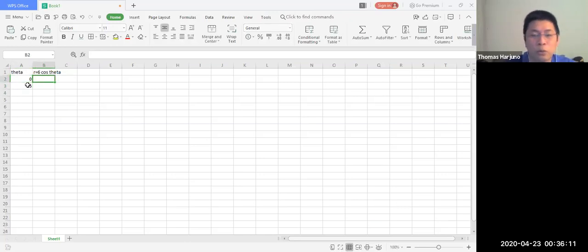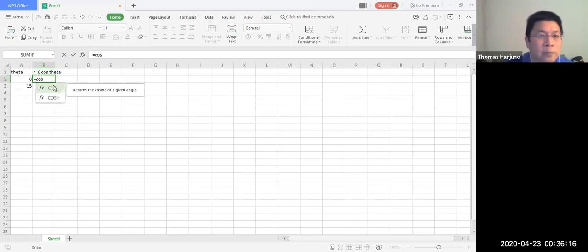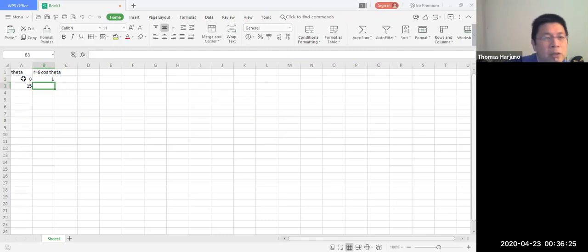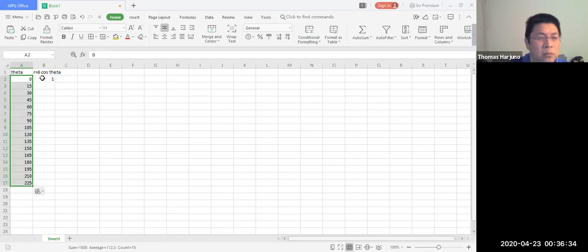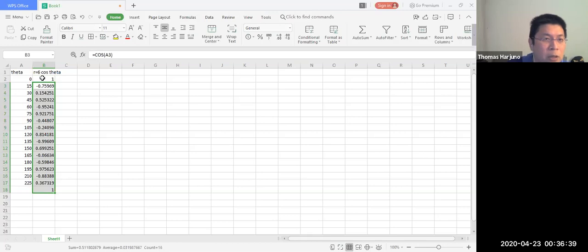Now I want this to equal cosine of that angle, but I'm not sure if it is in radians or in degrees. Give me a second. No, that's in radians.